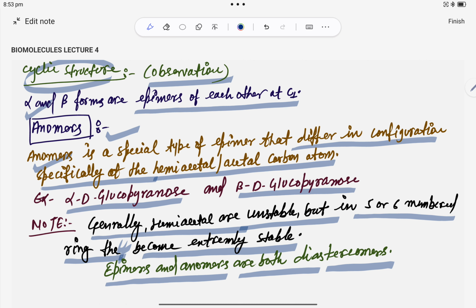Okay, so the cyclic structure we have already decided. There will be no problem. Once again, I am telling you about the cyclic structure.